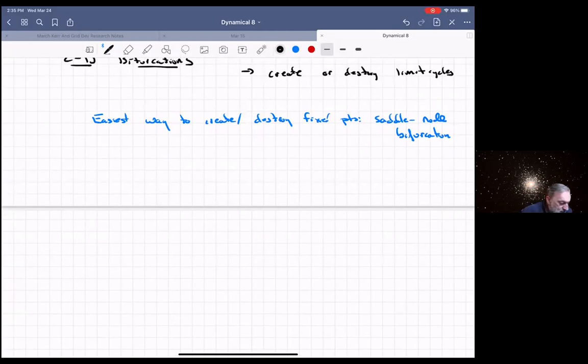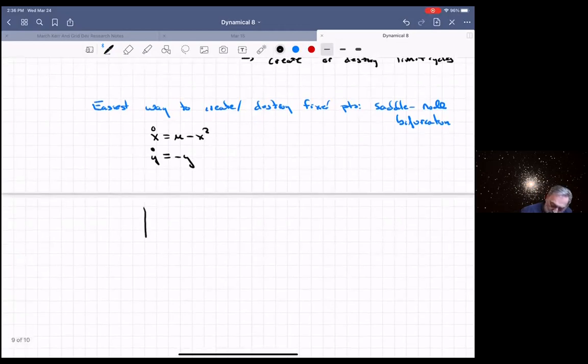So if we have x dot is mu minus x squared and y dot is minus y, then for mu positive, there's a saddle here at the origin and a stable node over here at mu.